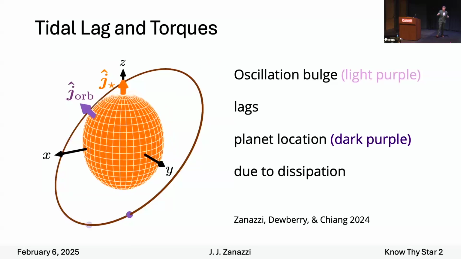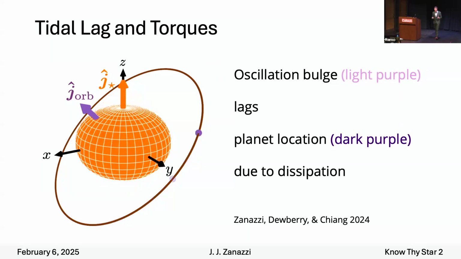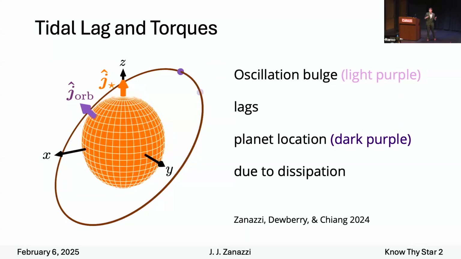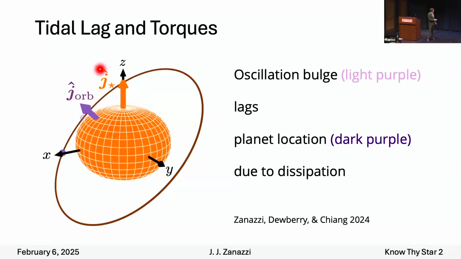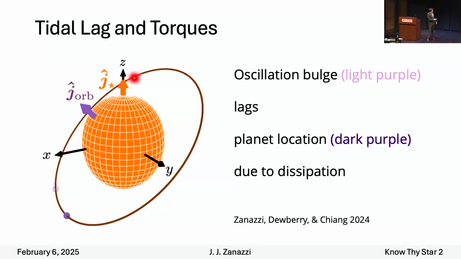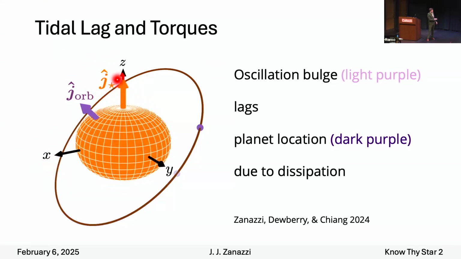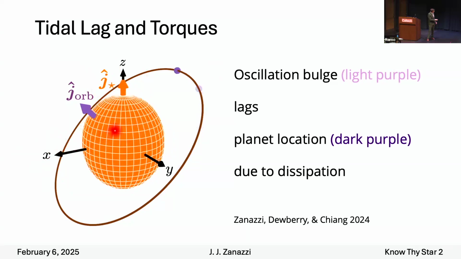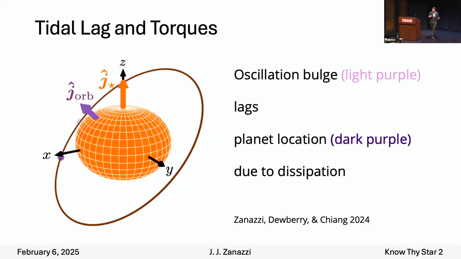So it's a little bit ahead because the oscillation is dissipative. And to figure out what it does to the spin, we want to calculate the torque. So to calculate the torque, we want to look down the x-axis. We want to figure out how this hot Jupiter is going to cause j hat star to evolve, because we want to figure out when it moves in this direction, because that's going to tell you how it aligns. So let's go ahead and do that.